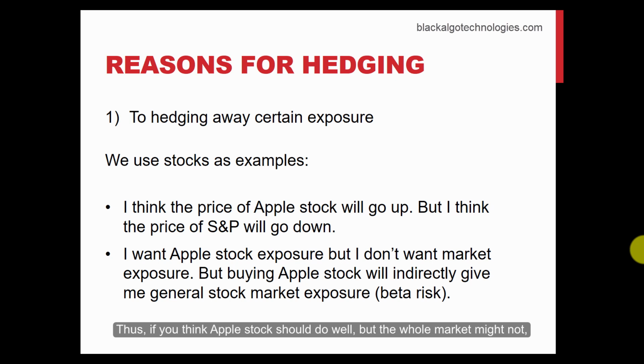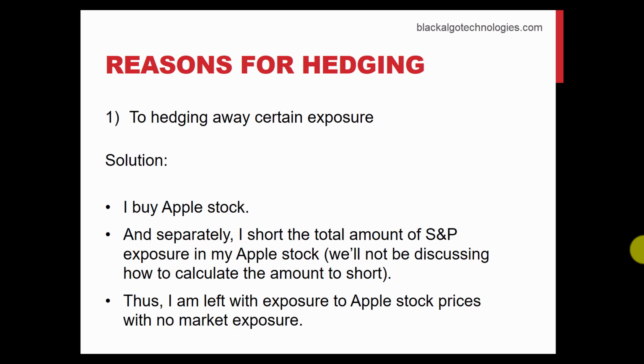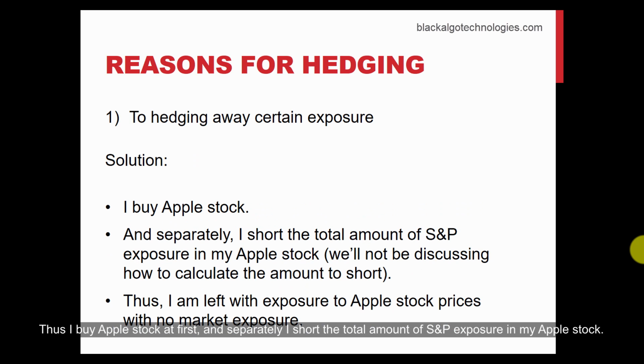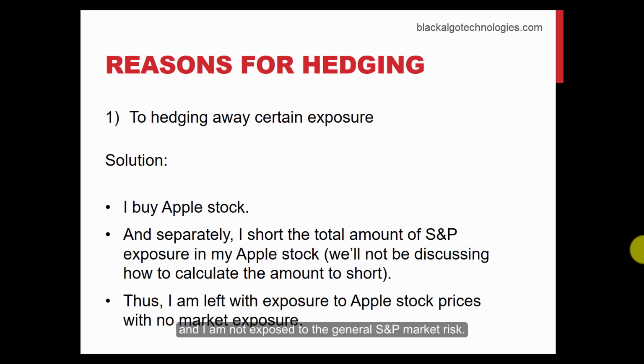Thus, if you think Apple stock should do well, but the whole market might not, you might want to hedge away your market risk. Thus, I buy Apple stock at first, and separately, I short the total amount of S&P exposure in my Apple stock. Therefore, I'm left with exposure to Apple stock prices, and I'm not exposed to the general S&P market risk.